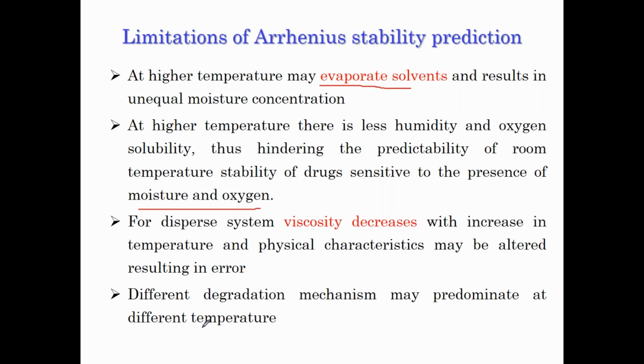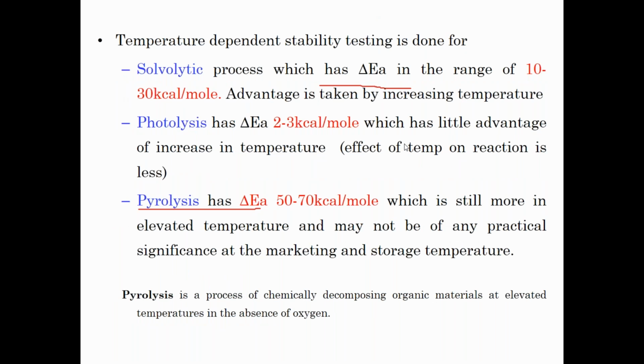So there are limitations with accelerated stability studies, but keeping in mind what those limitations are, we can always plan the experiment to carry out the isolated stability study. But one thing, it should fit the required criteria: its Ea value should be within the range of 10 to 30, sorry.